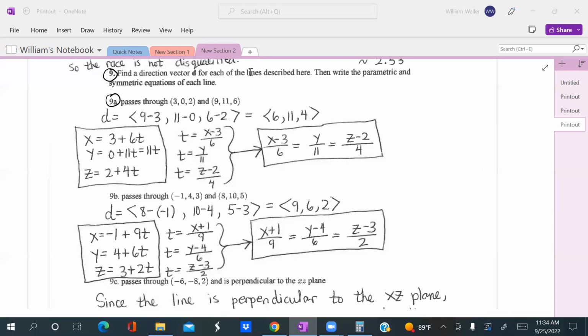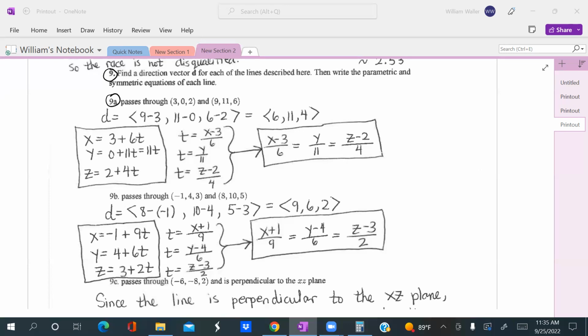So let's look at this problem 9a and see how we get this information that we need to write down the equation, or equations as it turns out, for a line. So here we're given 2 points that the line passes through, just like in 2 dimensions. If you know 2 points that the line passes through, you should be able to write down the equations for the line in 3 dimensions, because in 3 dimensions there's still only one line that passes through any 2 given points.